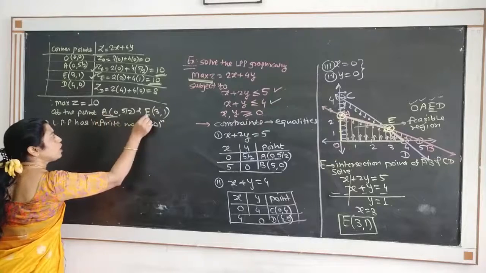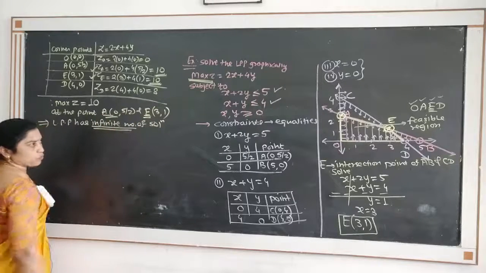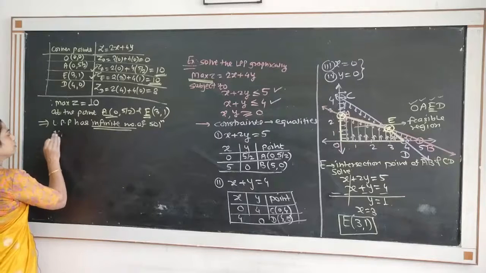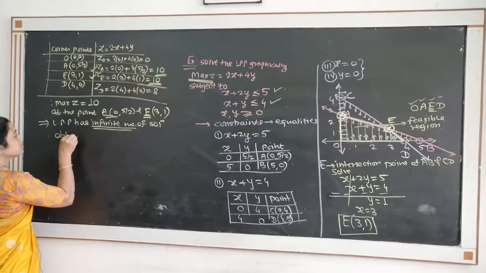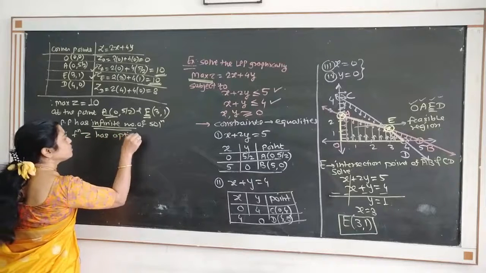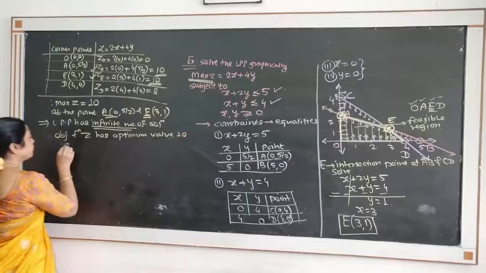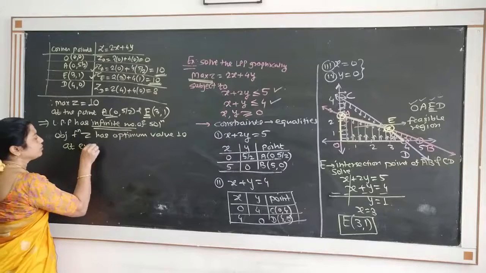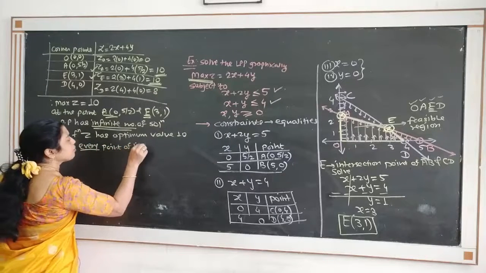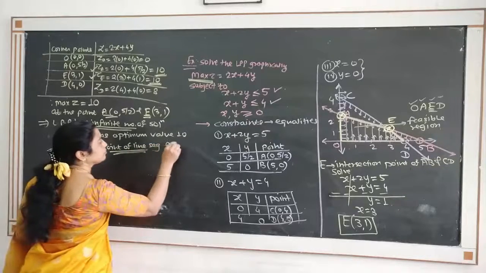It has at least two solutions, means it has infinite number of solutions, because the objective function Z has optimum value 10 at every point of line segment AE.